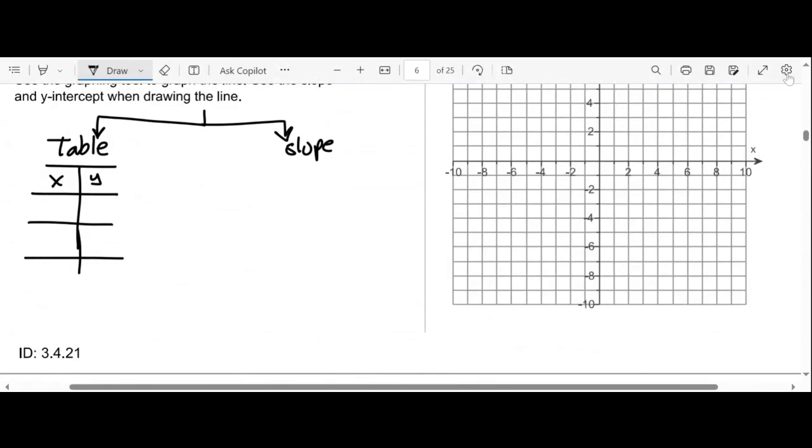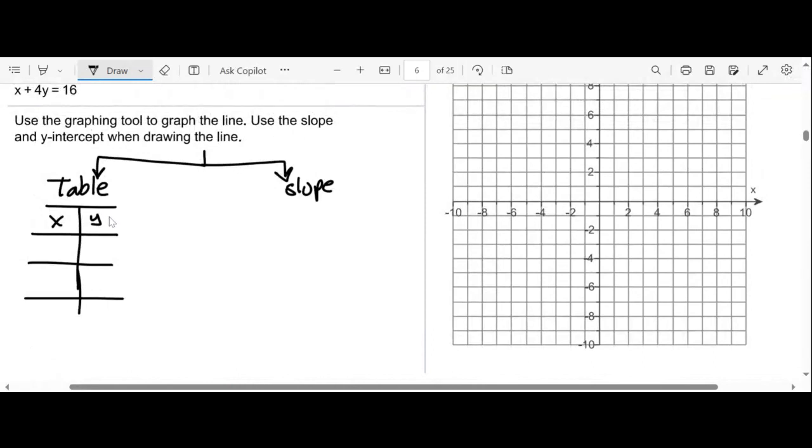Easiest point is what? 0, correct? So remember, this is y equal negative x over 4 plus 16. So what value would I use here? Use 0, right? So if I put 0, how much is y? 16. What if I use another number, for example positive 4?